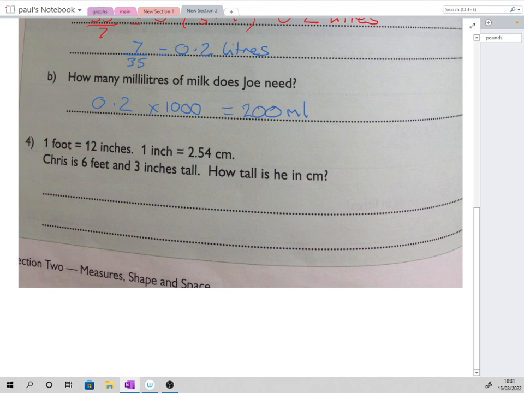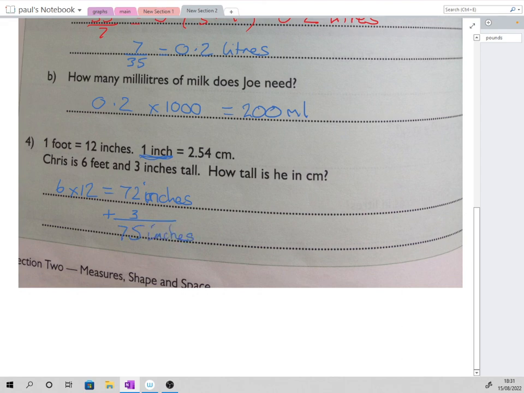Chris is 6 feet and 3 inches tall. How tall is he in centimeters? So we've got 6 feet, 3 inches. So we need to change everything to inches. How many inches is 6'3"? Well, there are 12 in every foot. So 6 times 12 is 72 inches. And then I've got plus 3 there, which is 75 inches.